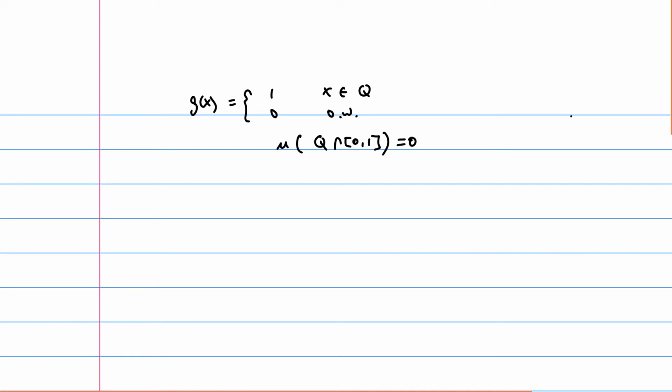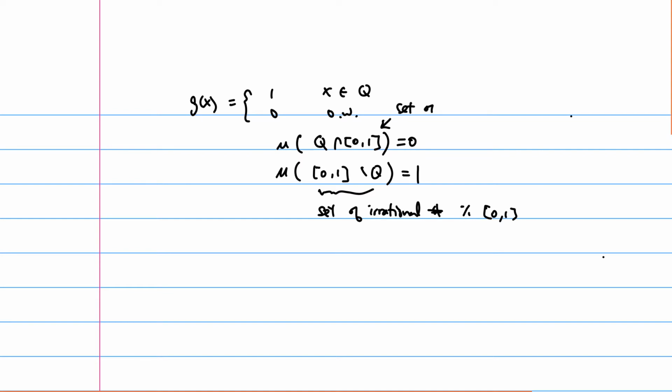And I claim that this is equal to 0, because for all the irrational numbers, let's say from 0 to 1, the measure is 1. By the way, this is the set of irrational numbers between 0 and 1, and this is the set of rational numbers between 0 and 1.